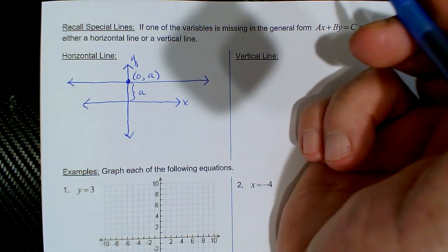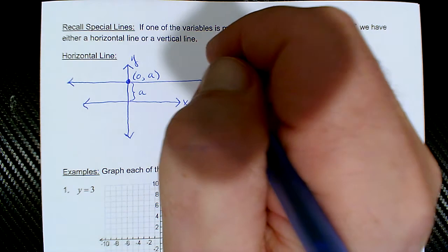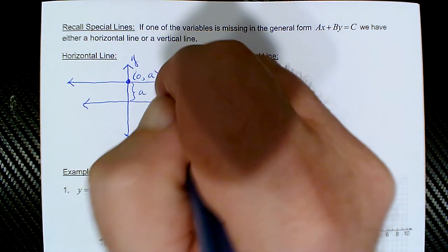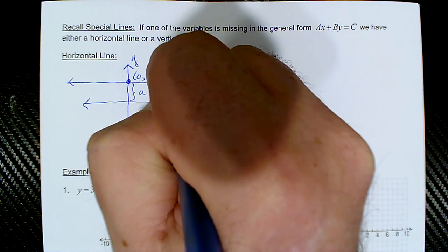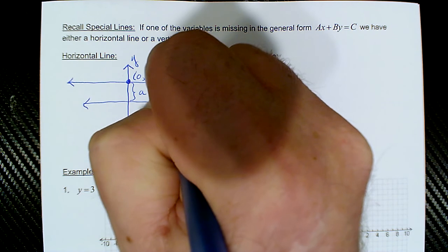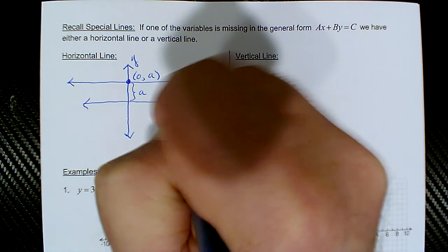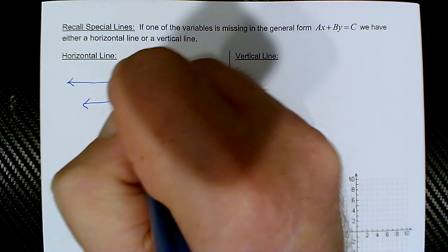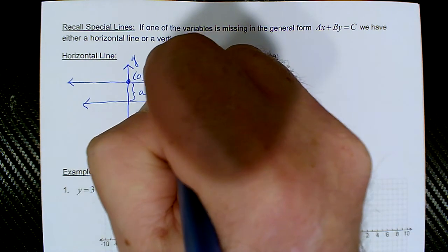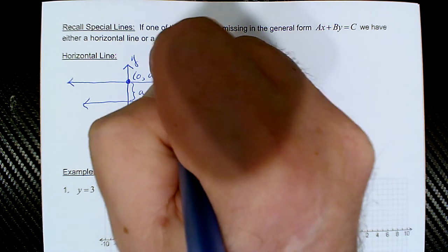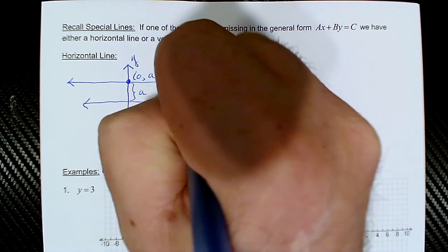The point is that no matter what value of x I choose on this number line, let me say this were 5, the coordinates of that point on the line, this horizontal line that I'm looking for, would be 5 in the x and A units in the y.